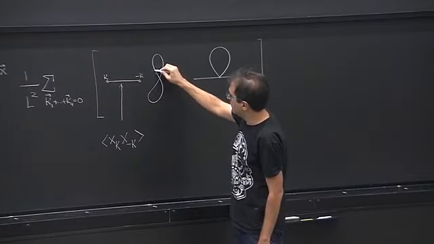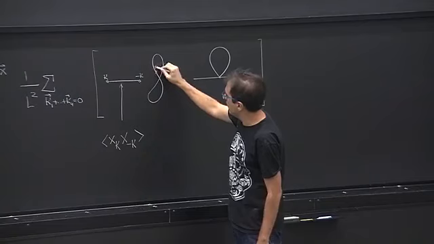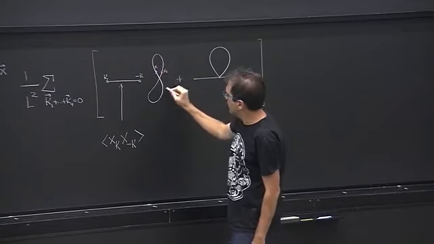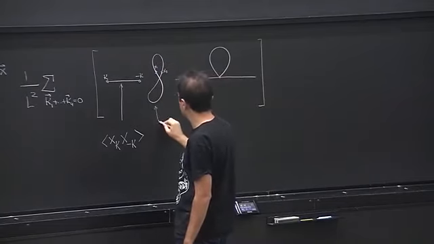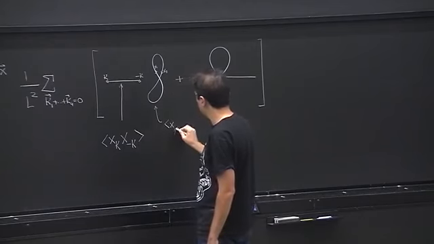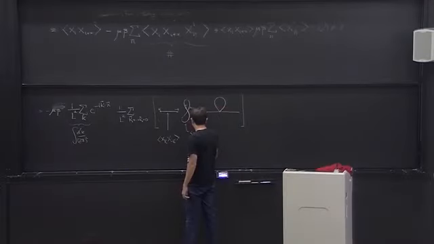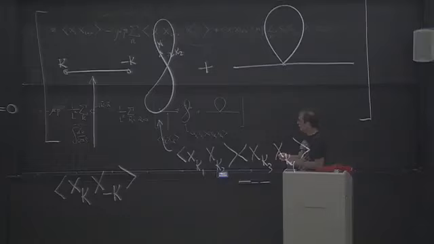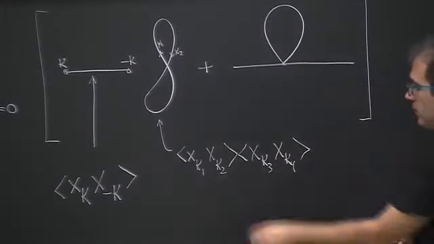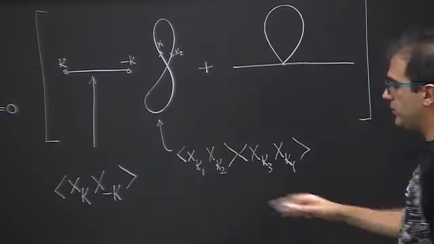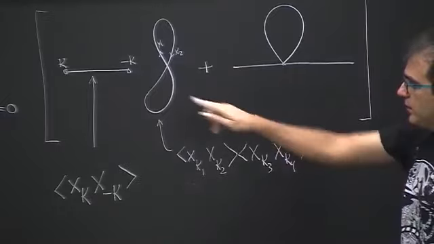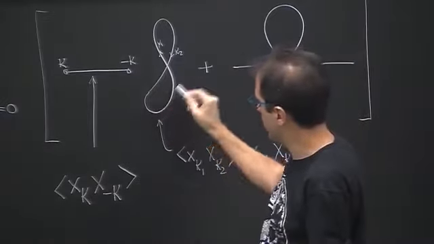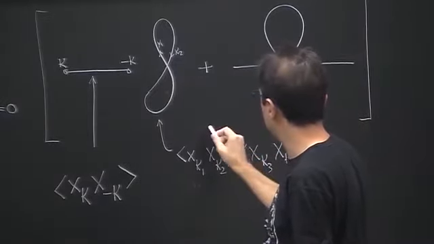Then I pair, say, k1 with k2, and k3 with k4. So this would be the expectation of x_k1 x_k2 with x_k3 x_k4, right? But it could also be 1 with 3. It's by this expression here. Let me write. This comes from such pairs.